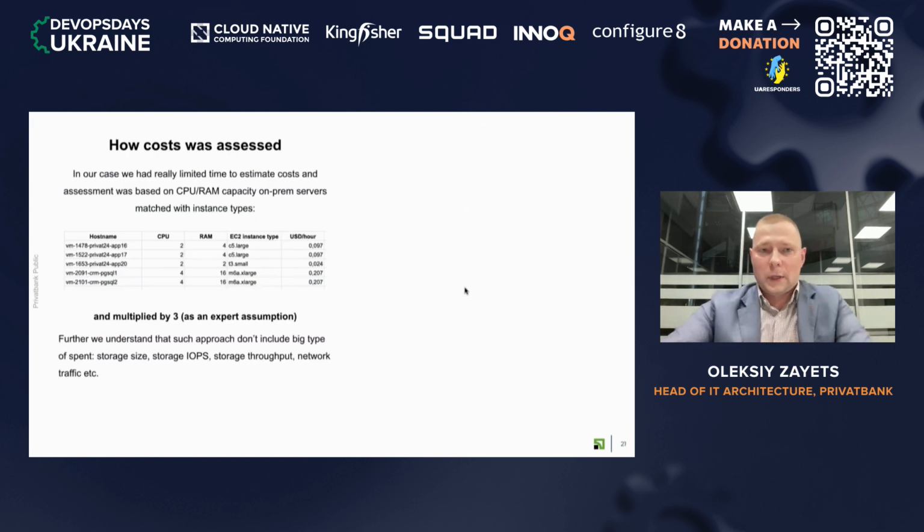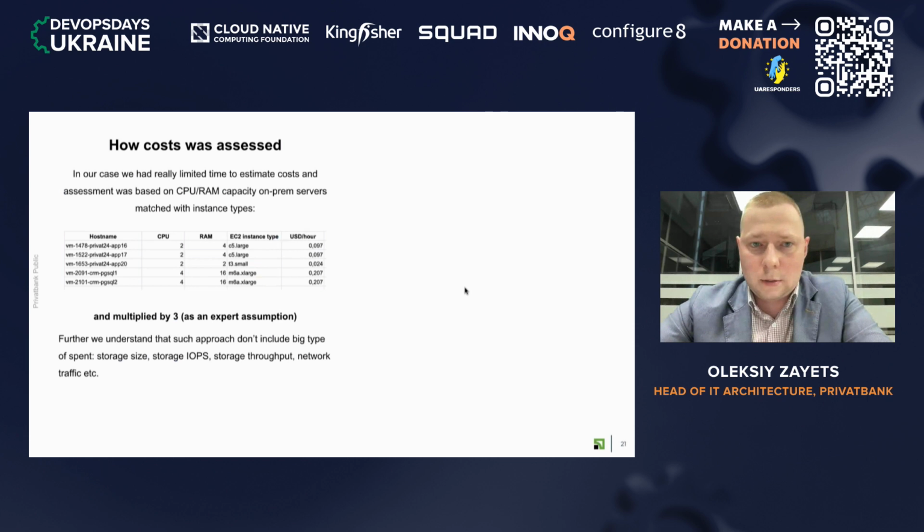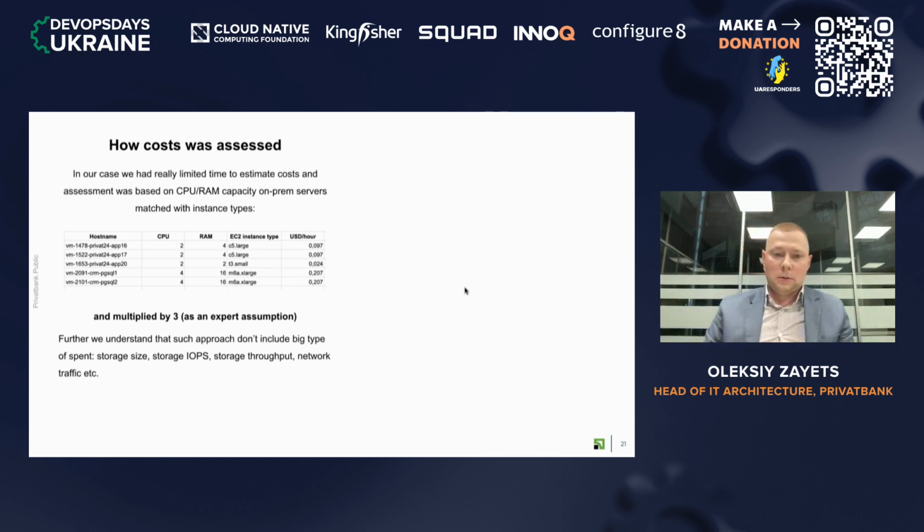But how could we assess this cost given the limitation of time? We just exported our capacity from the internal SIMDB and, in Excel, put in the instance type from the AWS calculator and multiplied by 3, because it was previous experience from Digital Camp.